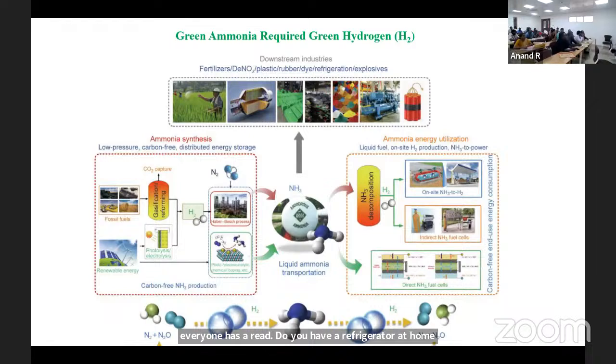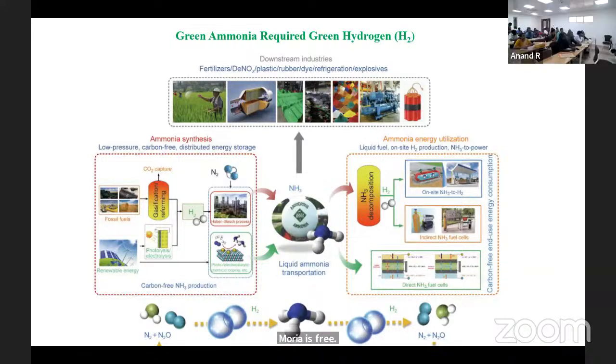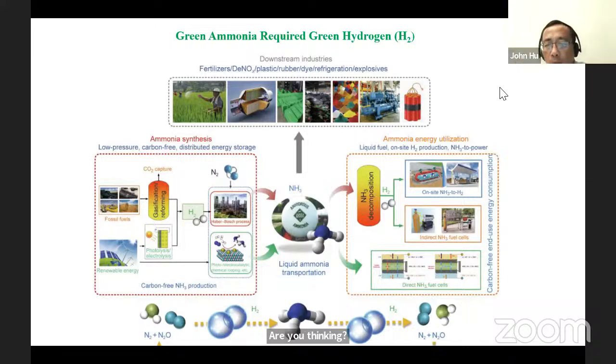Ammonia is used for fertilizer, and nowadays we move on to ammonia as fuel.